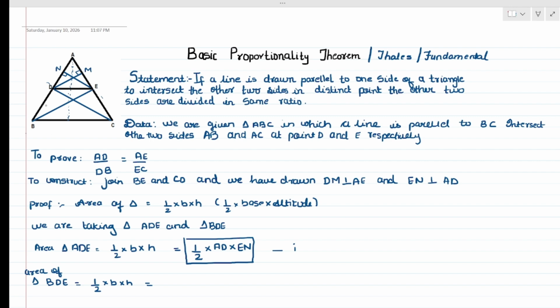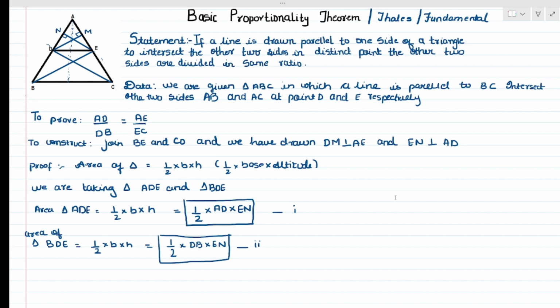Is any altitude getting attached to my BD? No. It's only EN which is getting attached to AD. So for the whole side, we will consider only our altitude EN. So write here half, our base will be DB and our altitude will be EN. Keep this in a box and name it as result number 2. Okay.